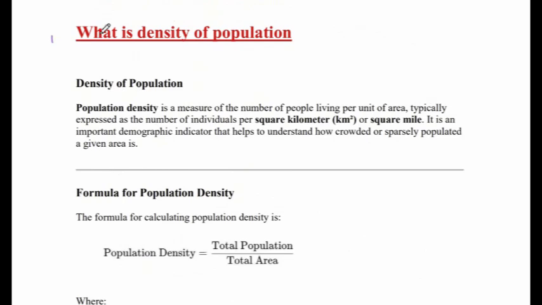Next, let us check what is density of population or population density. Population density is a measure of the number of people living per unit of area, typically expressed as the number of individuals per square kilometer or square mile. It is an important demographic indicator that helps to understand how crowded or sparsely populated a given area is.